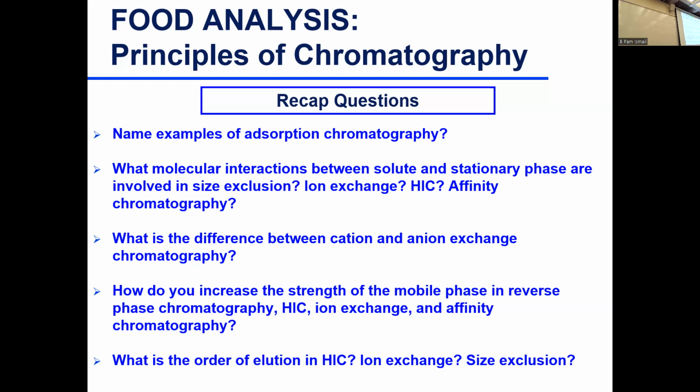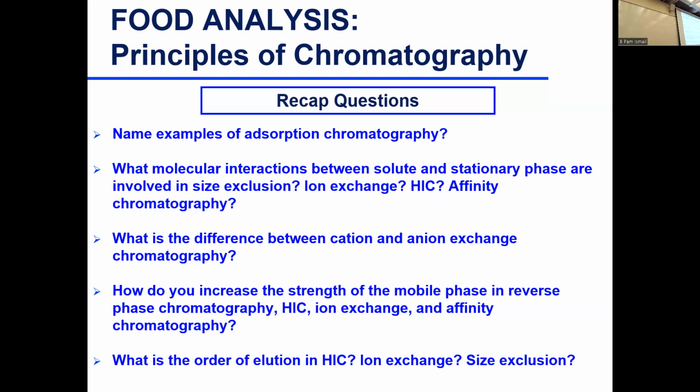That we call non-specific elution. And when you add a ligand, we call that a specific elution. So all of that was covered last week. One thing I would add: how you would increase the strength of the mobile phase in normal phase chromatography. That's what Sarah said at the beginning: increase the water concentration in normal phase.